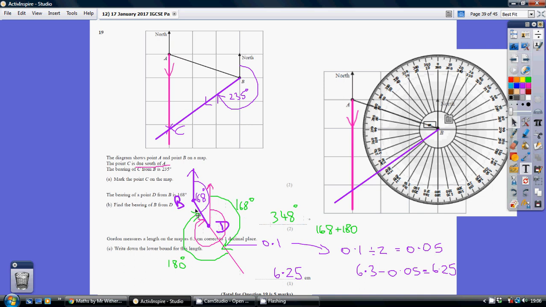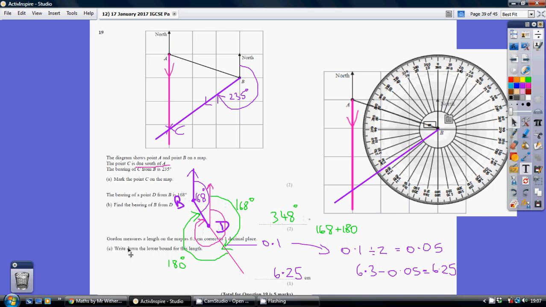Now that's really complicated. If in doubt, I think more often than not, just adding on 180 degrees is going to give you the answer. Okay, 180 added on to 168 gives us the correct answer.